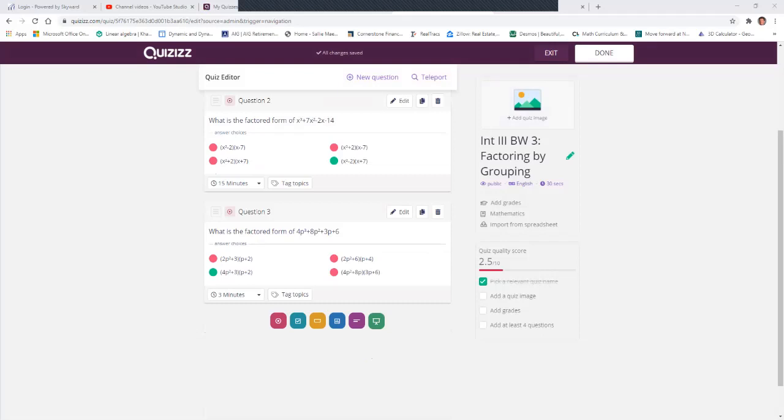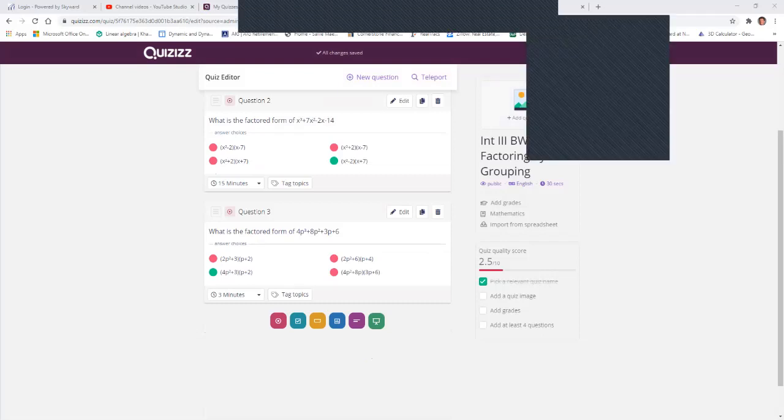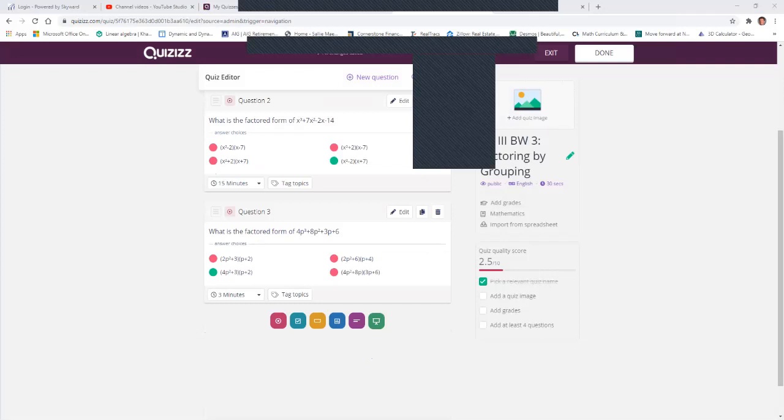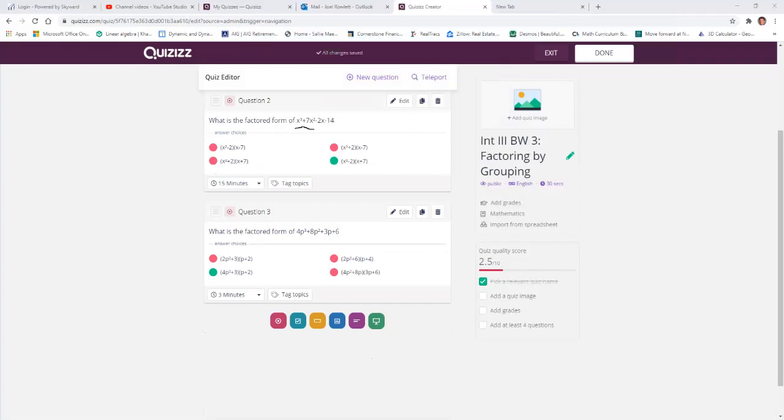On problem number 2, I'm going to take these first 2 terms, take out the GCF, then I'm going to look at the second 2 terms and take out the GCF, and then we'll just go from there. If I look at the first 2 terms, I have x cubed plus 7x squared. Luckily, I can take out an x to the power of 2, right? Because x to the power of 2 will go into x to the power of 3, and it will go into x to the power of 2.